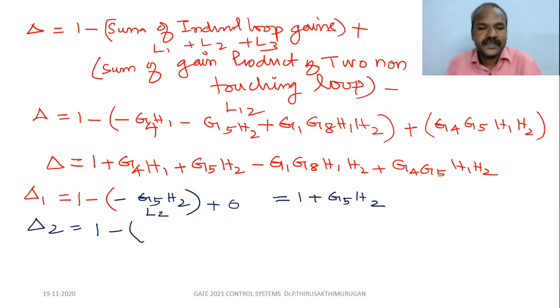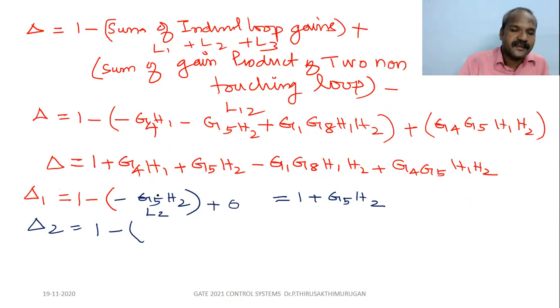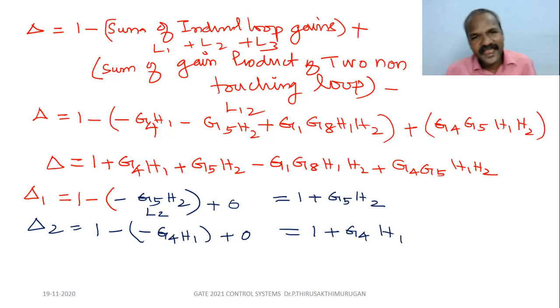What is L1? L1 is minus G4 H1, plus remaining thing 0. So delta 2 is 1 plus G4 H1. Understand? Any doubt? Tell me.